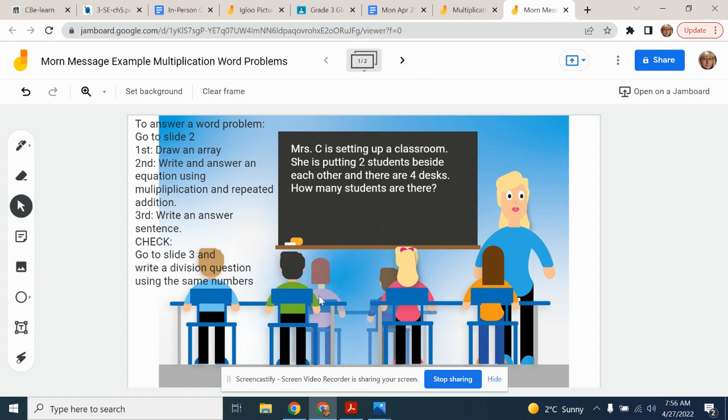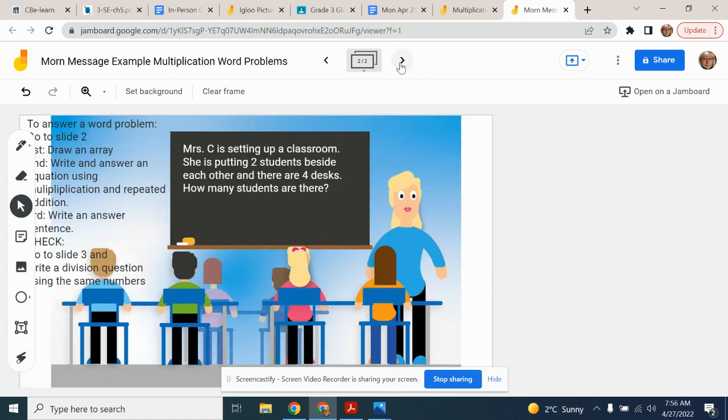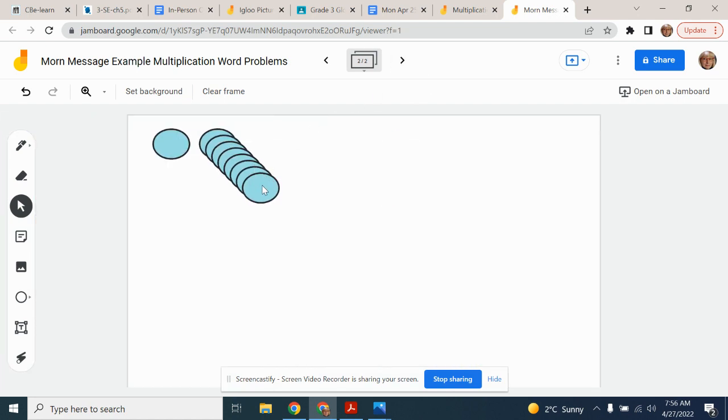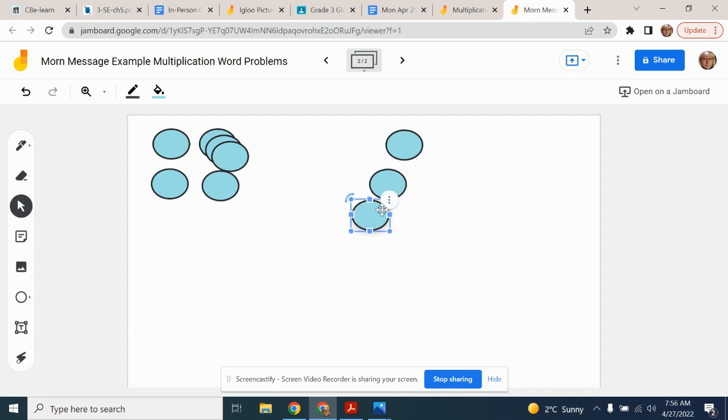No, she has 2 students at each. No, I can't even think this morning. 2 students beside each other at 4 desks. So we need to represent that. So I'm going to make 2 rows of 4. I'm going to have to move these out of the way. Remember, this needs to be nicely, neatly subitized.